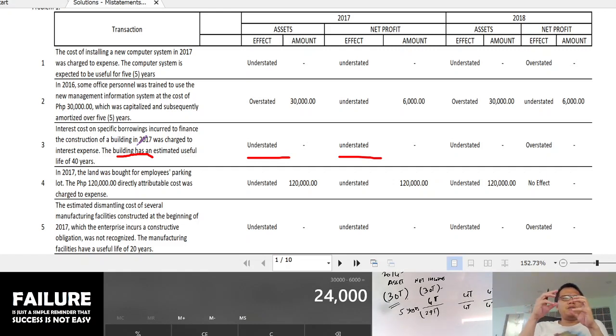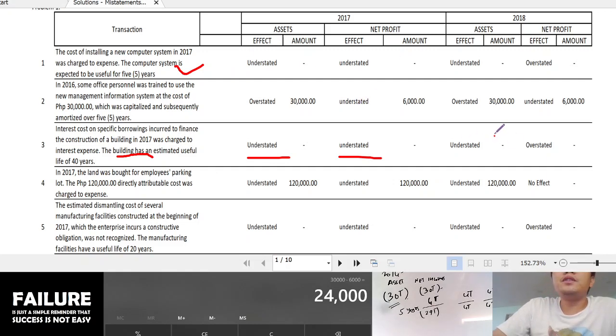However, yung amount ng depreciation nito, which basically will overstate your net income, okay? It will not overcome the error that resulted from your recognition of it as an entire or as a whole expense, no? So obviously, yung effect ito sa net profit is still net understatement pa rin. Same with number 1. Okay? Same with the first error, no?